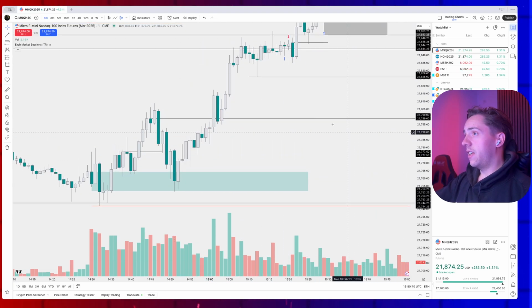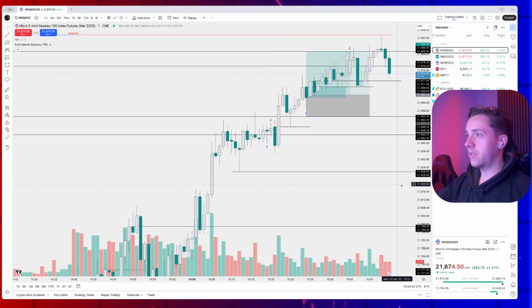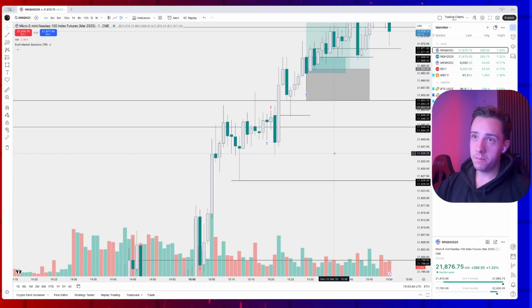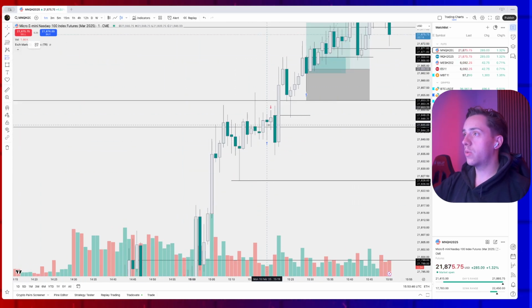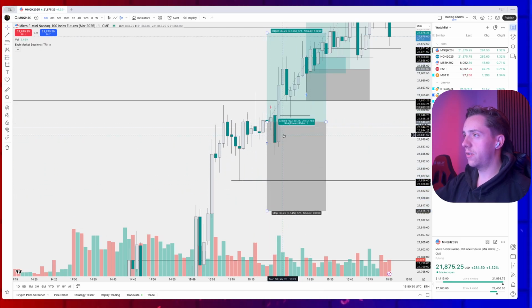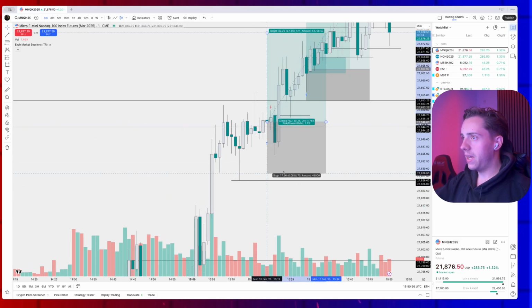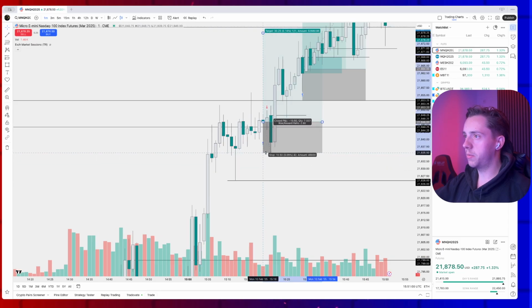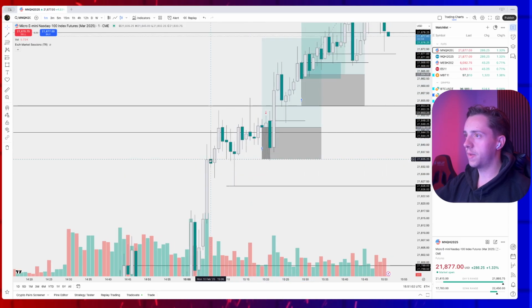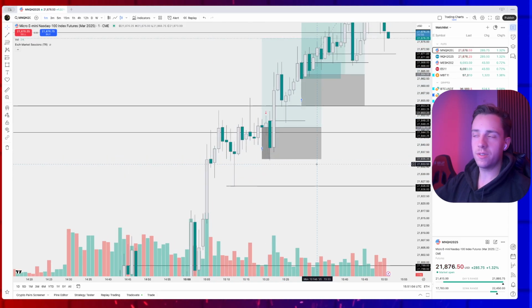That said, then seeing this, I almost made a mistake, which was this one right here. I entered here on this candle, assuming that we would expand higher, but my stop would have actually been a bit lower. My stop would have been here at the beginning of this, I guess you could call this an order block.